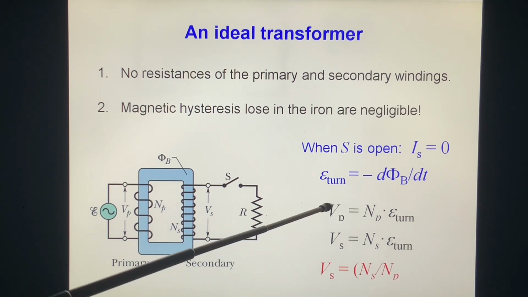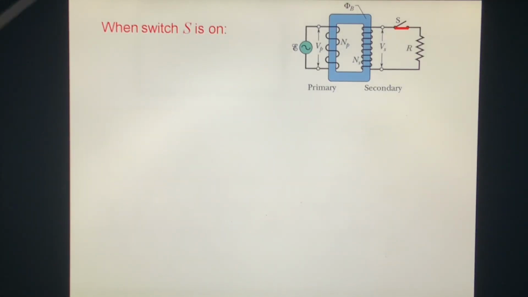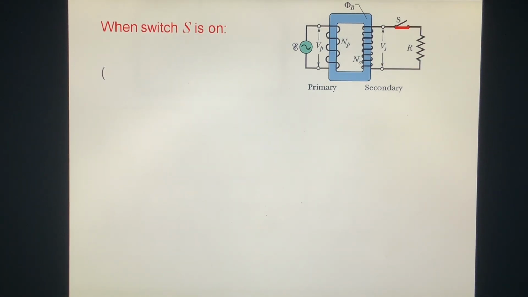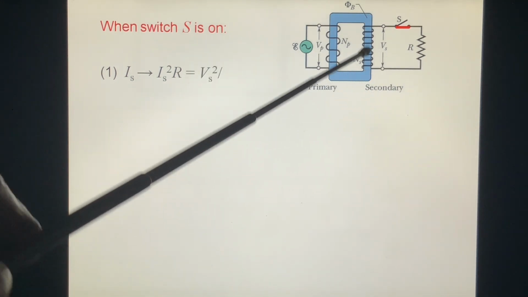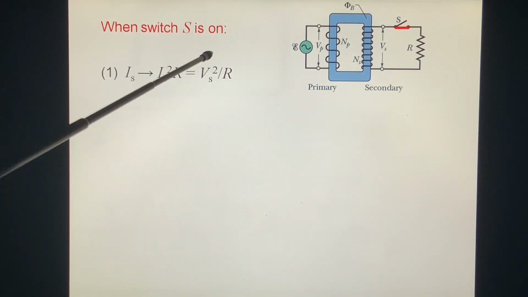We divide Vp by Vs and find Vs equals Ns over Np times Vp. When switch S is on, the situation is different. You have Is flowing in the secondary, and Is squared R equals Vs squared over R.